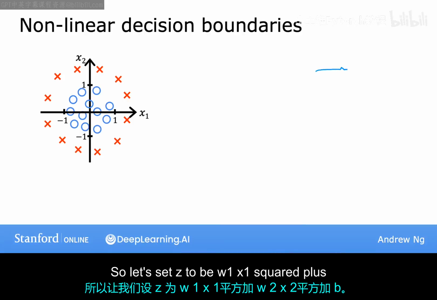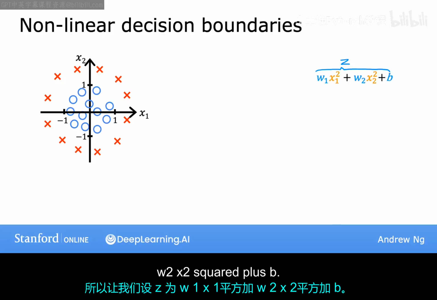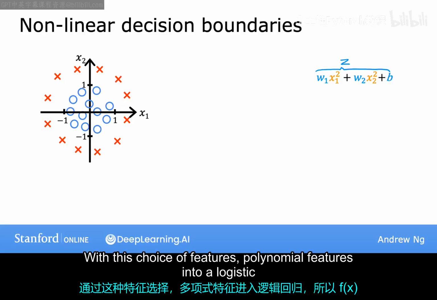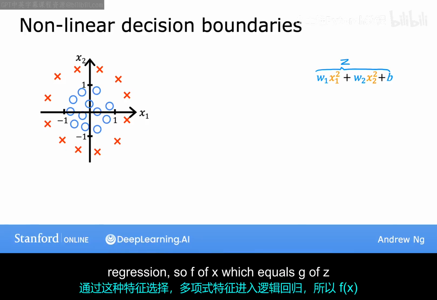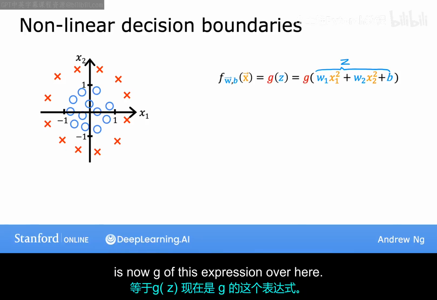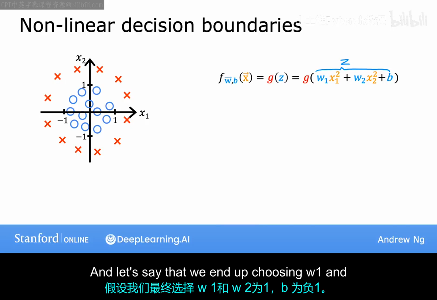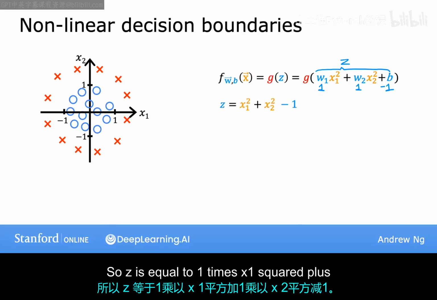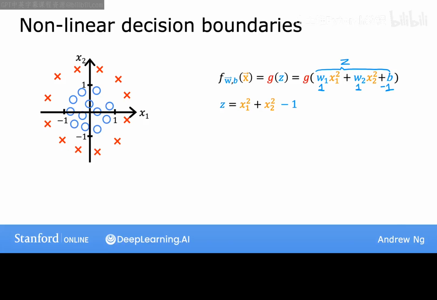So let's set z to be w1 x1 squared plus w2 x2 squared plus b. With this choice of polynomial features in a logistic regression, f of x, which equals g of z, is now g of this expression over here. And let's say that we end up choosing w1 and w2 to be 1 and b to be negative 1. So z is equal to 1 times x1 squared plus 1 times x2 squared minus 1.